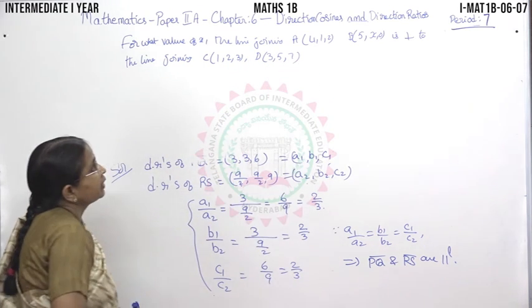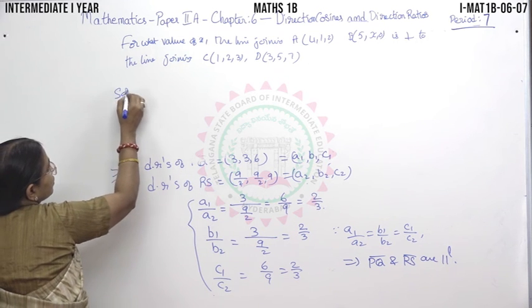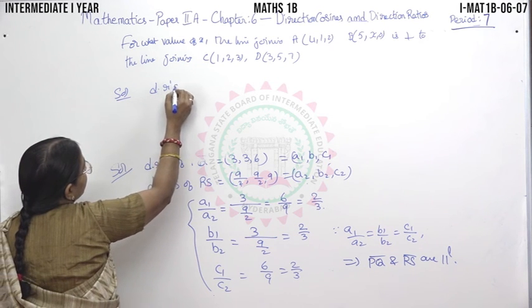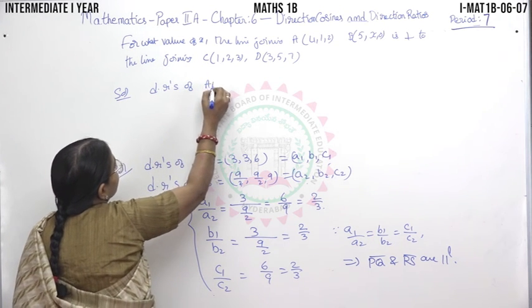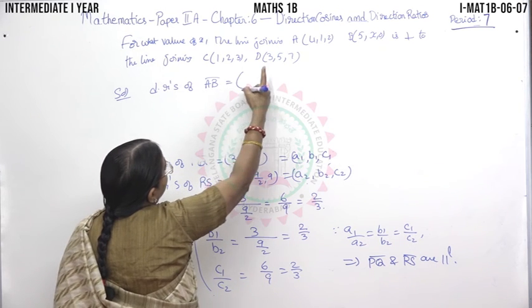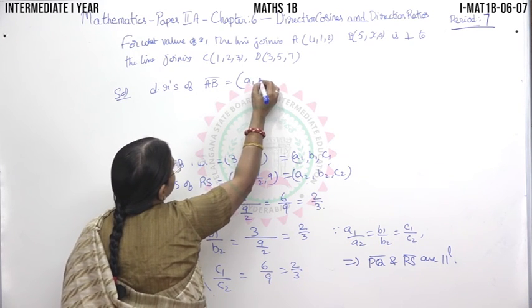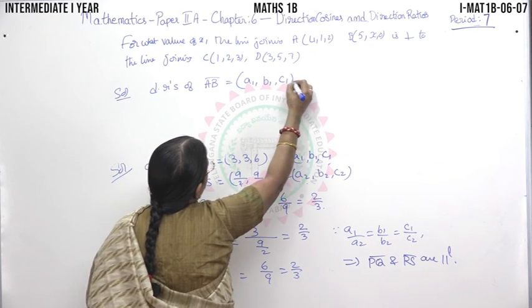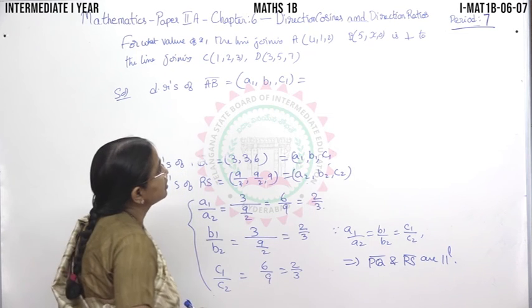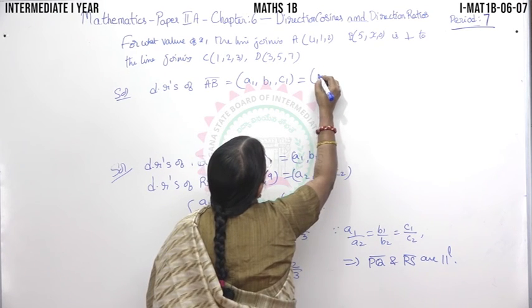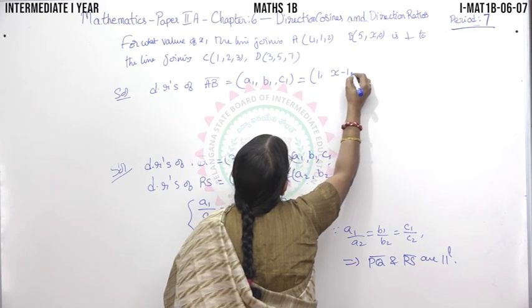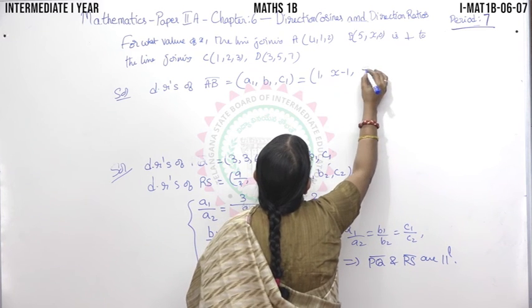So you find the DRs of AB. That is 5 minus 4, you name them as A1, B1, C1. Always you name them as A1, B1, C1. So 5 minus 4 is 1, and then x minus 1, 0 minus 2, that is minus 2.